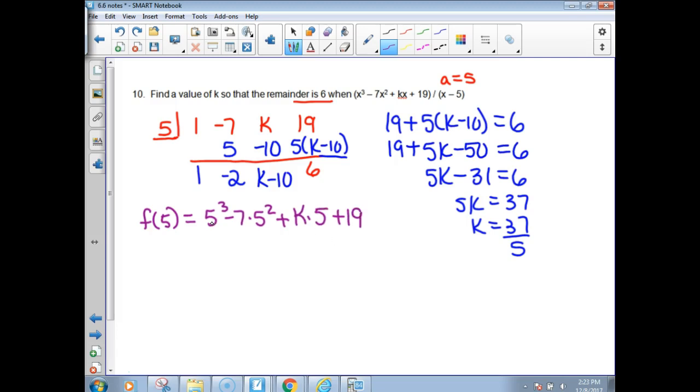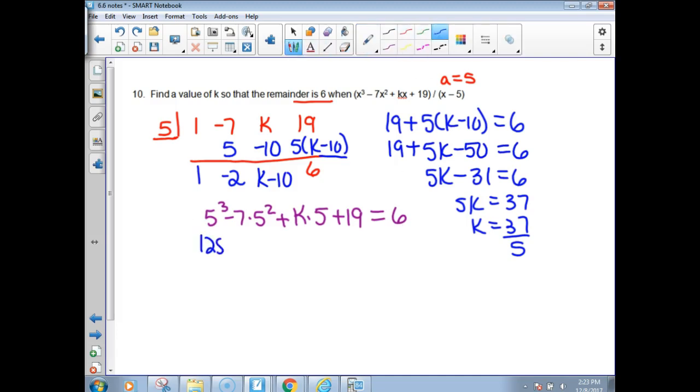And then what did we get? What did this thing equal? Well, the f of 5 equaled 6. Okay, so I'm just getting rid of this now, right? So my point was we would set the f of 5, plugging in 5, equal to the remainder 6. This gives the same result as what we just got.